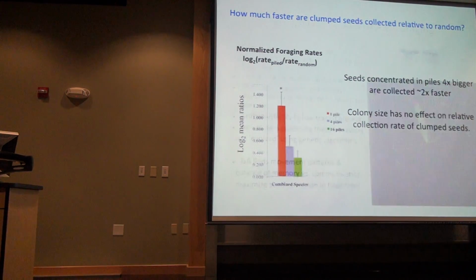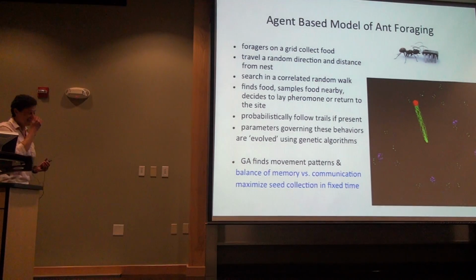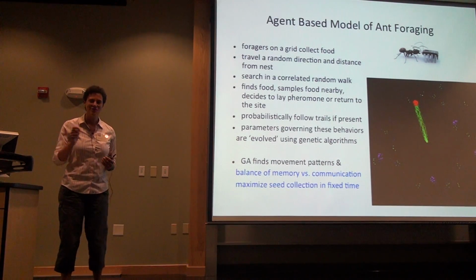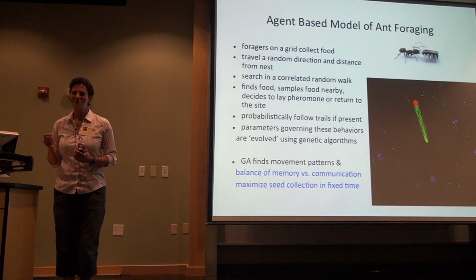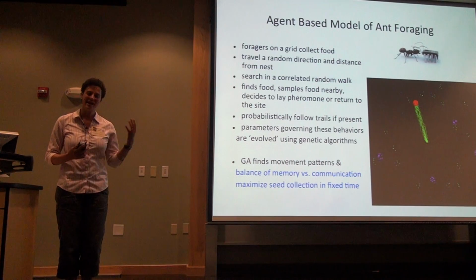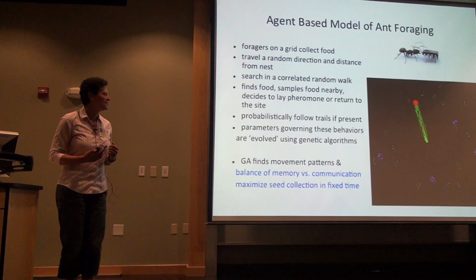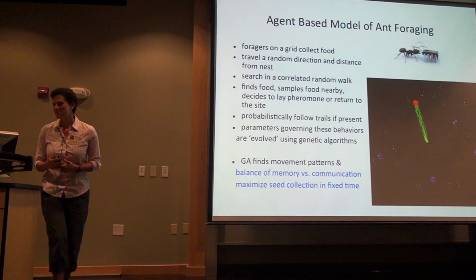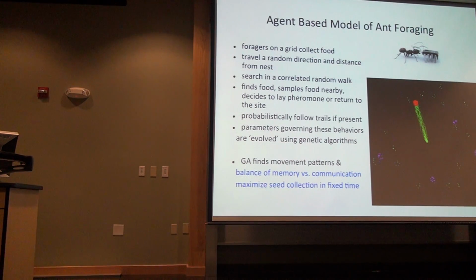And we didn't like that, so we decided we needed more data. Getting a lot of data is difficult unless you have a computer. And if you have a computer, you can run a model where you put into your model the behaviors that you think the ants are using, and you can ask questions about the model. So to make a long story short, this is a model written by Kenneth Letendre, and I won't have time to show it, but I have a movie on my iPhone if you want to ask me later.